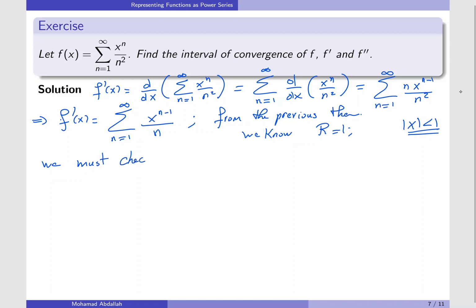This means -1, 1, and this corresponds to this interval. We must check the endpoints, x equal 1 and x equal -1. Now, when x equal 1, I get the sum. So this is my series right here.